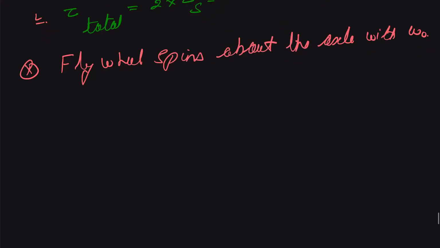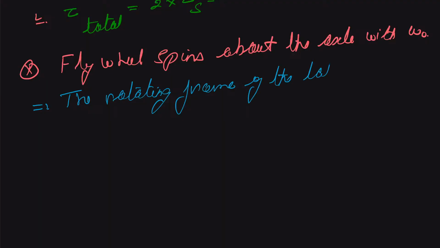Okay, and we have a rotating frame of the table also. So the rotating frame of the table rotates with angular speed omega, and this axle, because of the spring, is going to resist the rotation.